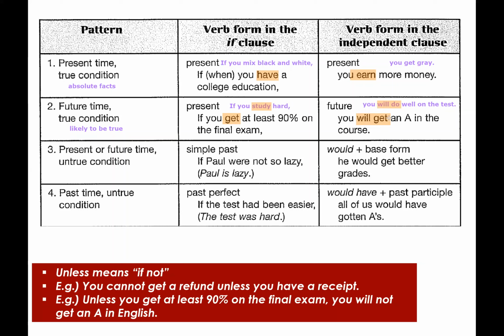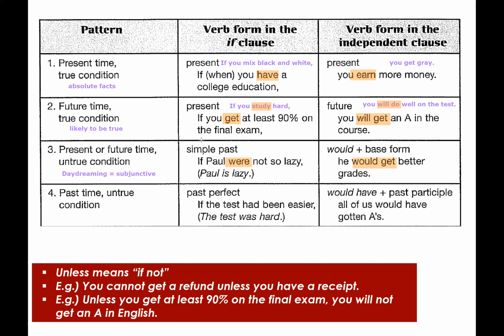Okay, so now comes our subjunctive mood. Subjunctive mood, it says present or future time, untrue condition, but I like to call this daydreaming. So what do I mean by daydreaming? If Paul were not so lazy, but the fact is he is, so you wish he wasn't, right? He would get better grades.